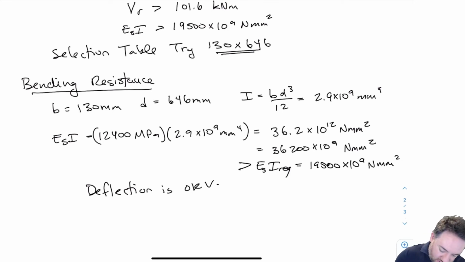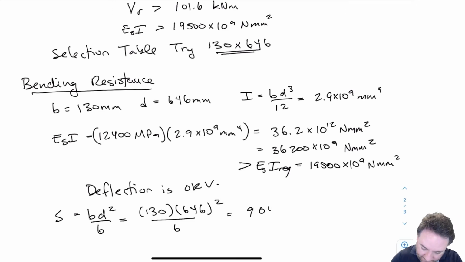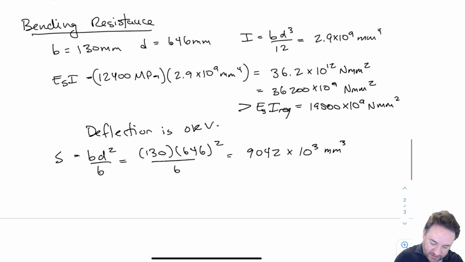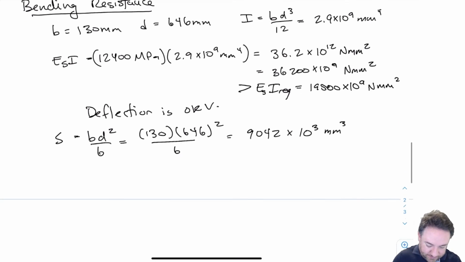All right, we're also going to need our S, which is bd squared over 6. This is our section modulus. And we're going to get this for our section modulus. Okay, so now we can start looking at our bending resistance. Recall our bending resistance for Glulam has two different criteria.